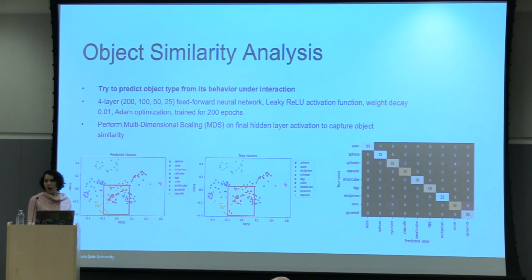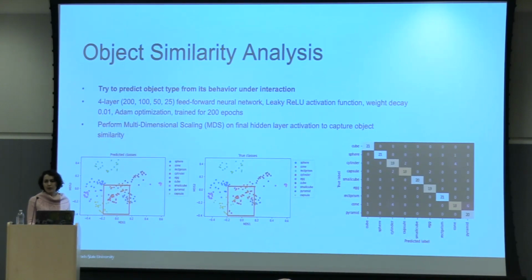The first thing that we try to examine is how our objects are similar, and this analysis would first start with predicting the object type. We train a 4-layer feed-forward neural network, which consists of leaky ReLU activation function, weight decay of 0.01. We use Adam optimization, and we train for 200 epochs.